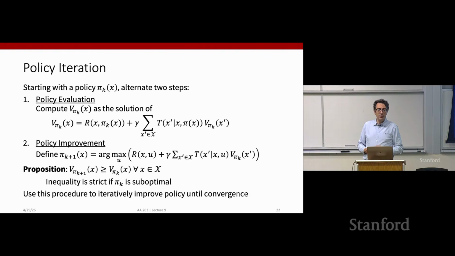Because essentially, if you have a finite number of states and a finite number of controls, there are finitely many policies, different ways that you can permute the controls with respect to all the different states. Since at every step of this algorithm you strictly improve the value of a given policy, there are only so many times that you can improve the value until you reach the optimal value.